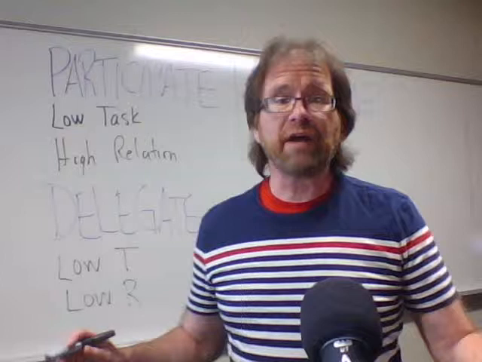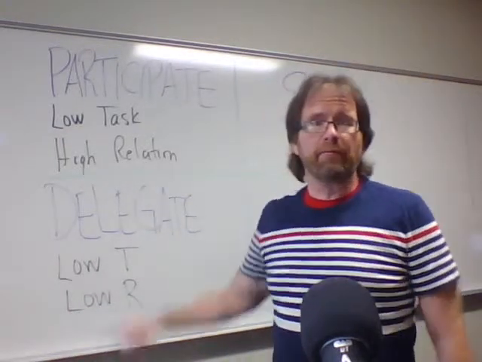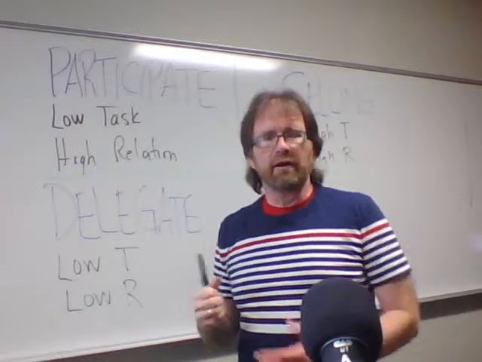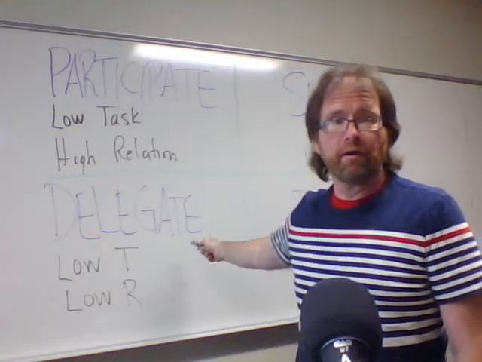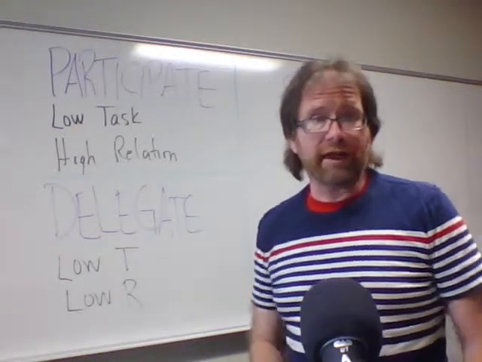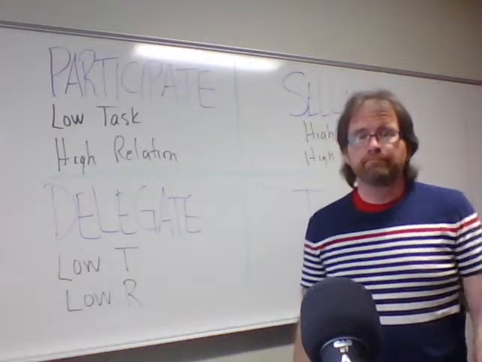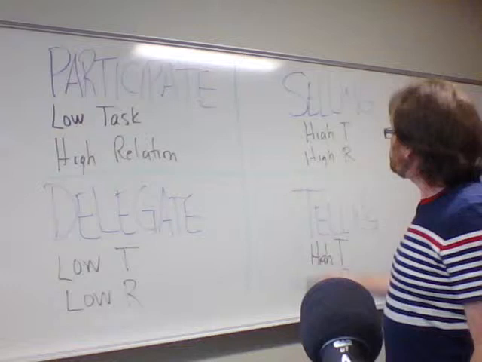So let's cover this one more time. I want to make sure you understand this very carefully. Participatory leadership, low task, high relationship, teamwork. Delegatory leadership, low task, low relationship. Again, person just says, take care of it. The assumption is you will do things appropriately.